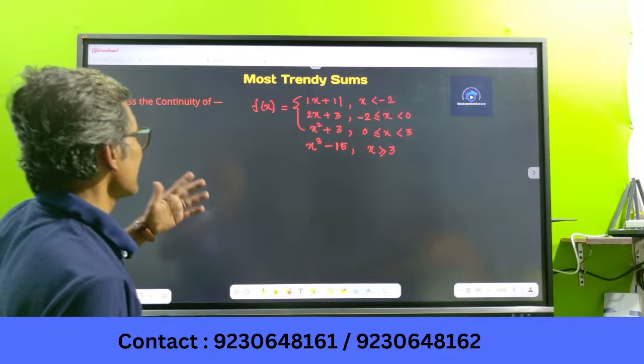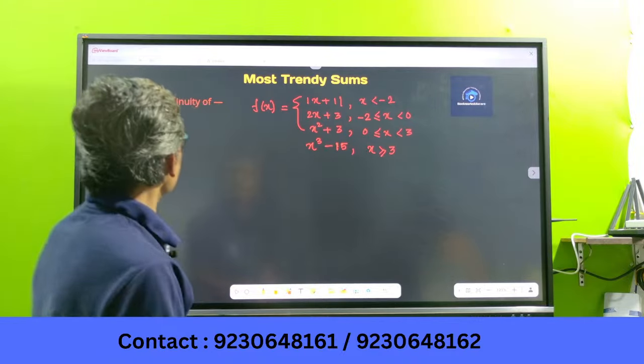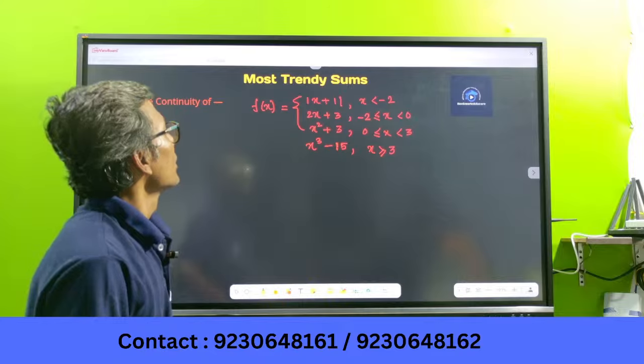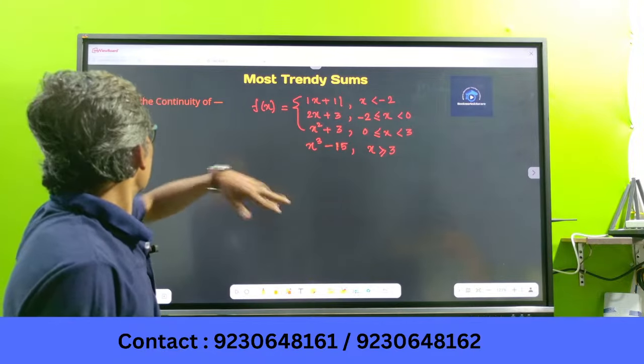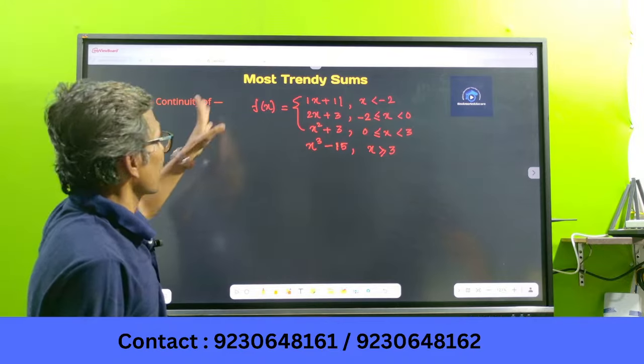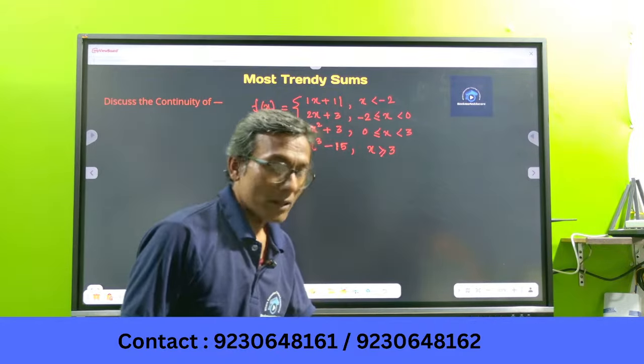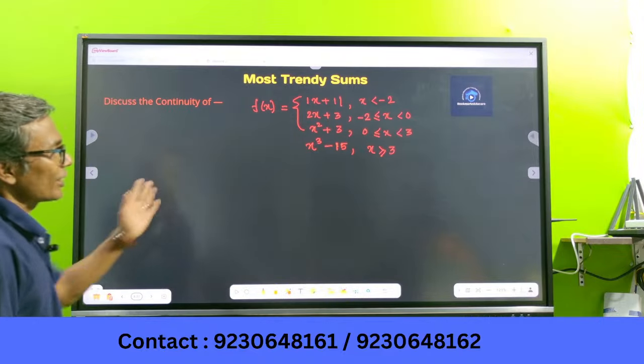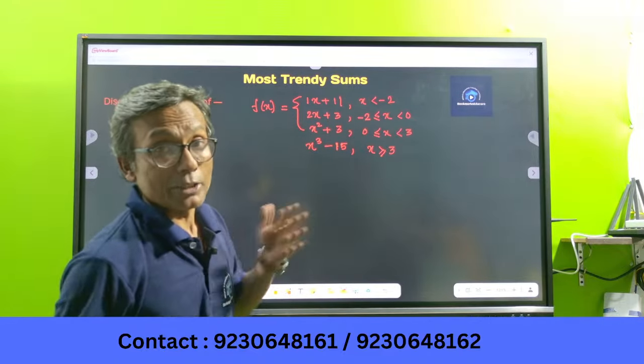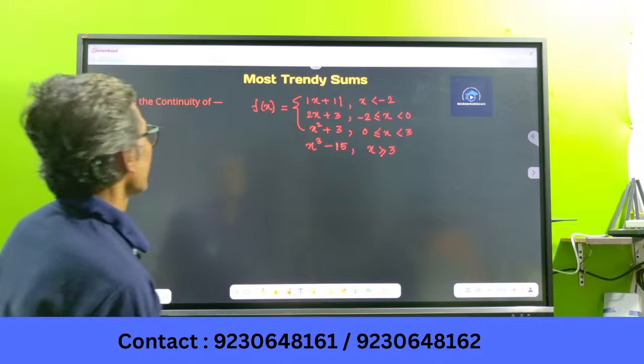So this is a sum on continuity and discontinuity. Discuss the continuity of the given function where intervals are given. So how can it be solved?